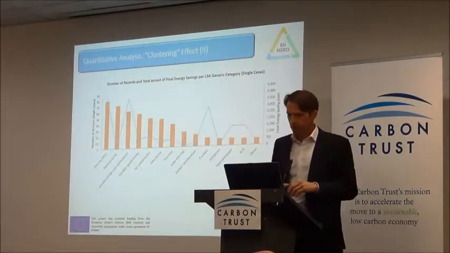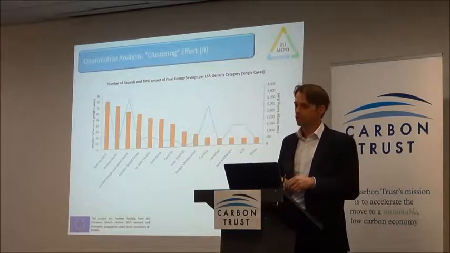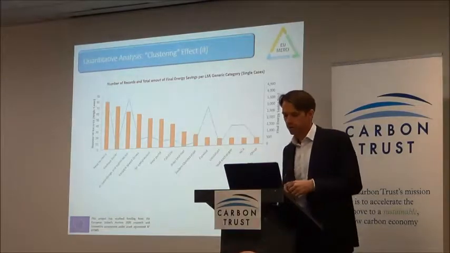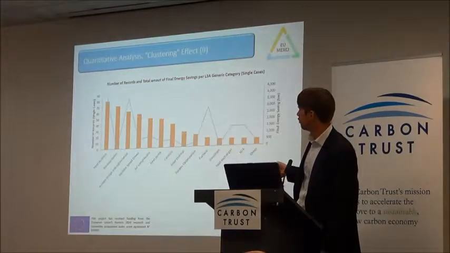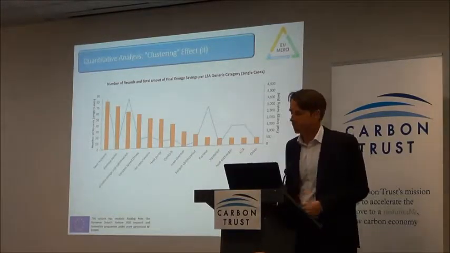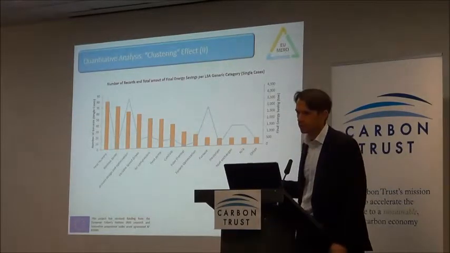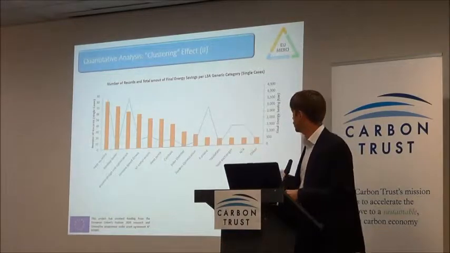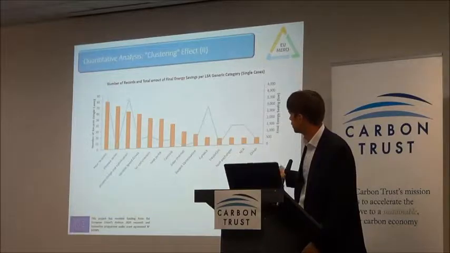And when you look at the distribution of the number of measures implemented and their connected energy savings, it shows the following picture. On the left side you have the numbers of records expressed by the orange balls, the generic taxonomy of the sector. And on the right side you have the final energy savings expressed by the green line.